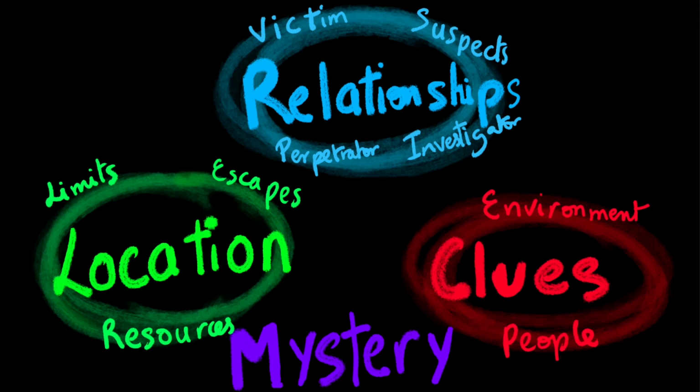How can an investigator obtain information? She has 2 ways. She can observe the environment and she can interrogate people. The clues she's looking for in the environment are dependent on the nature of the environment.